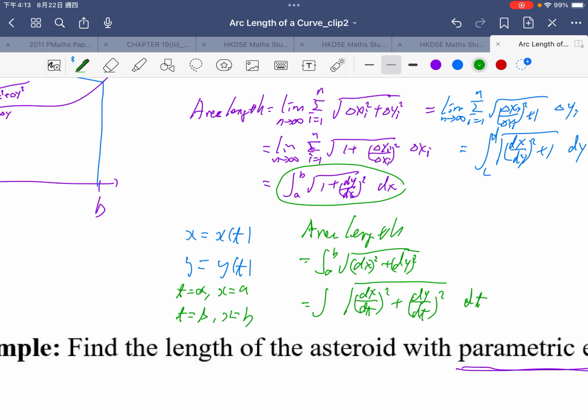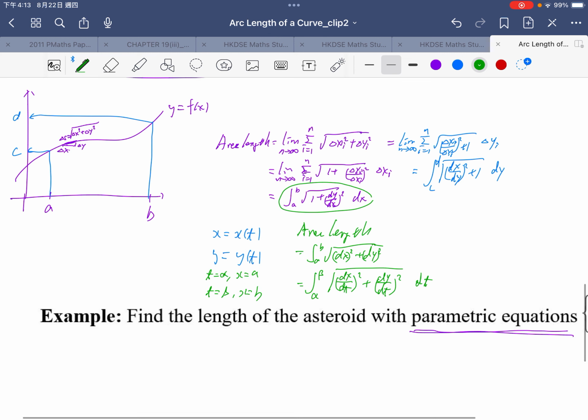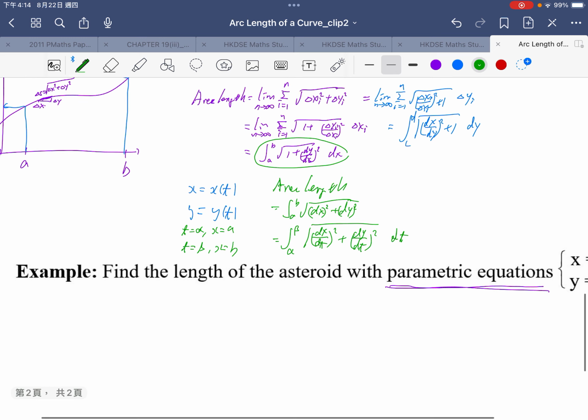Then this format becomes a parametric form, with the integral from alpha to beta. These are our three different forms of arc length. They actually come from exactly one form.